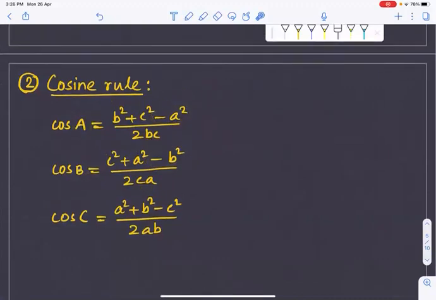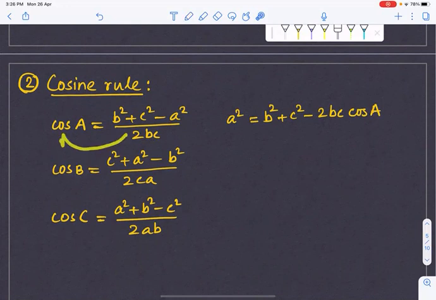And this formula can also be written as a square is equal to b square plus c square minus 2bc into cos A. What I did, I have just cross multiplied this one and then rearranged the terms.